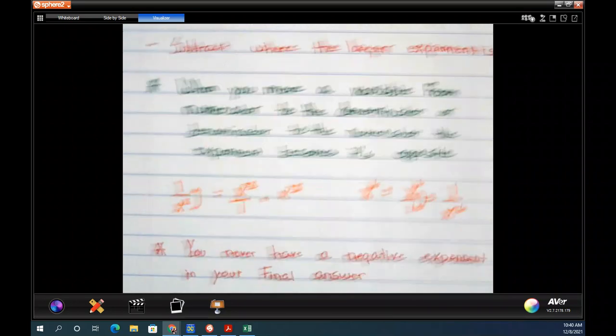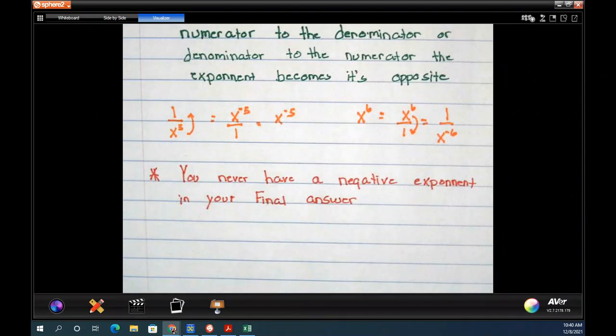Never, ever have a negative exponent in your answer. It's going to automatically be wrong. If you end up with a negative exponent, it is wrong. That is how we can move things.